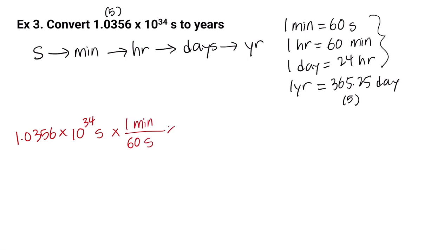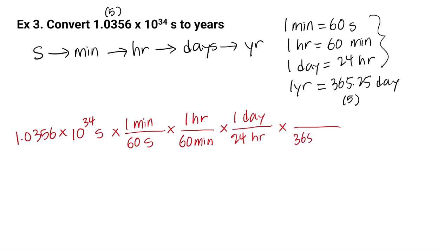Okay. Times, our bottom units cancel again, so 1 hour over 60 minutes. And then two more conversion factors. 1 day over 24 hours. And then lastly, 1 year over 365.25 days.